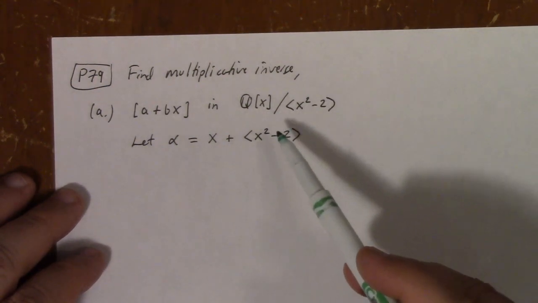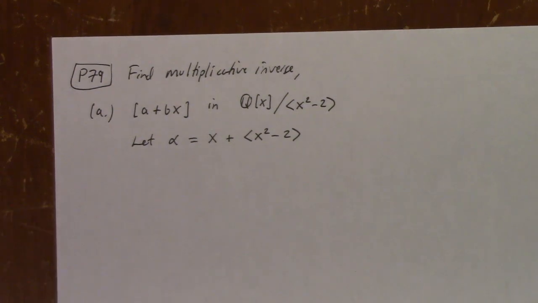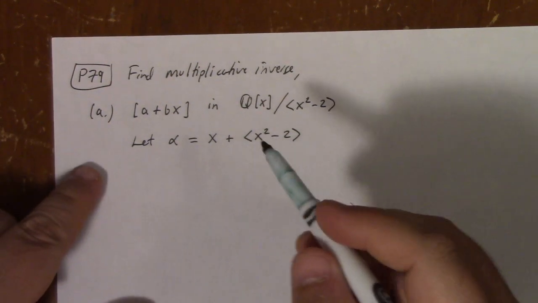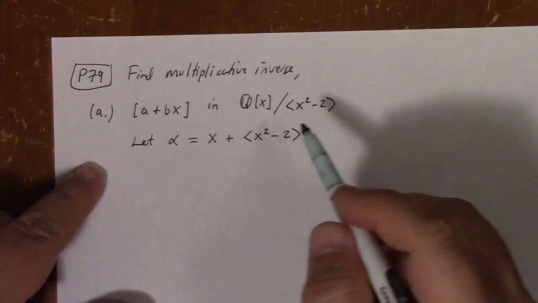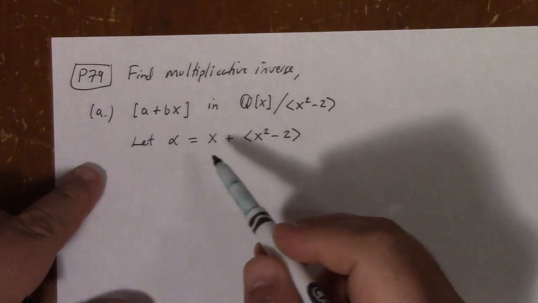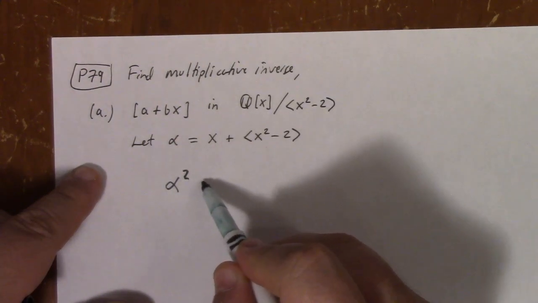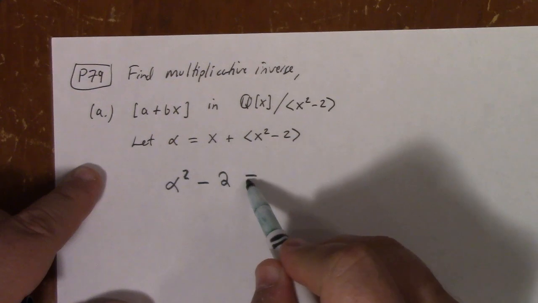Actually, I wish I had a harder problem in front of us. All right, so what this gives us, of course, is that alpha squared minus 2 is equal to 0, right?